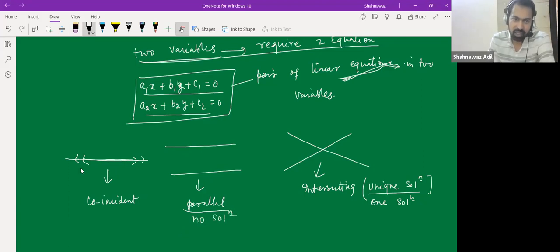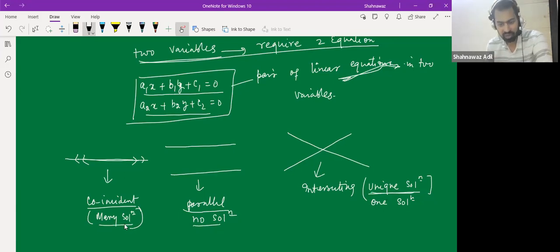And we see that coincident lines coincide at every point, so then we will have many solutions. So these are the three cases for the pair of linear equations. This is graphical: graphically, we can see whether we have a unique solution, no solution, or many solutions.